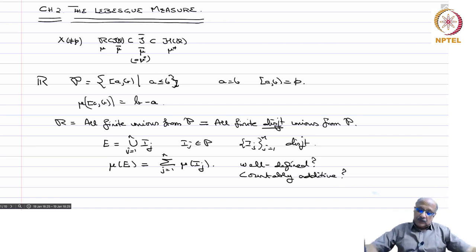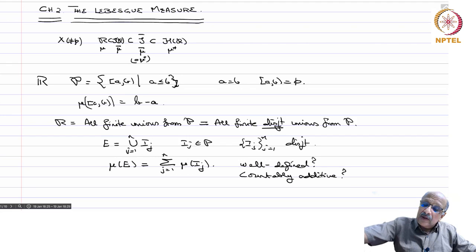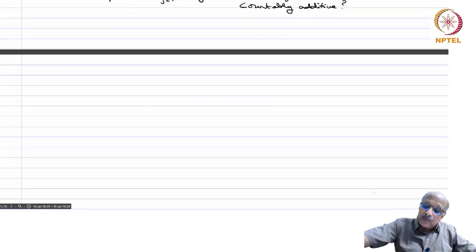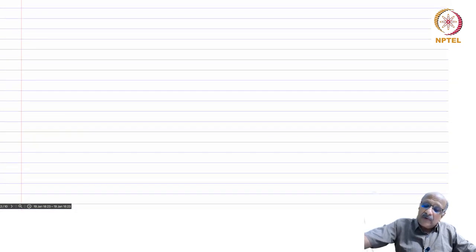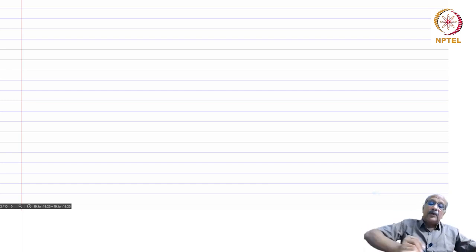If we do these two things, then mu will be a measure on a ring, and then Carathéodory's method will take over, and whatever complete measure we get there, that will be called the Lebesgue measure. So there is a series of technical results which we need to prove, they are all more or less obvious, so we will have to write them down carefully, especially the first few results.